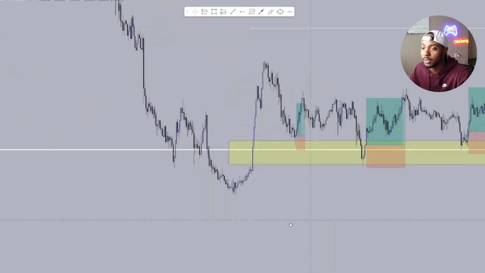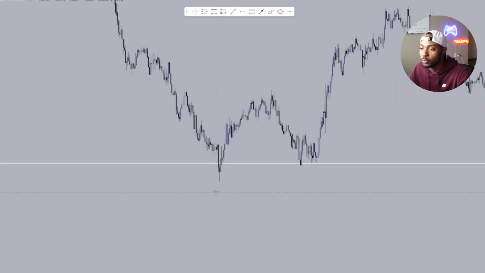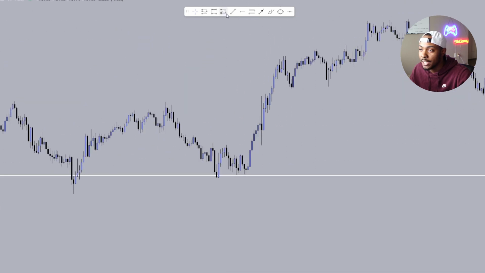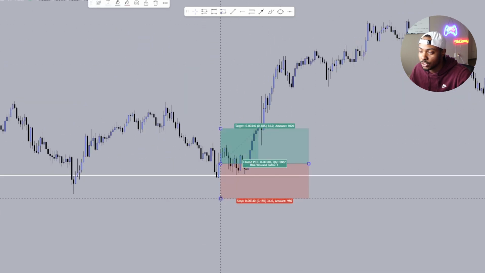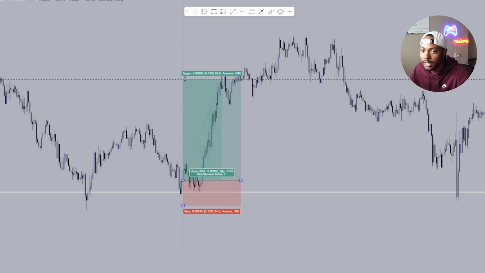And sometimes price retests the zone multiple times. Look, price came down here and then came back up for the retest. You got in and then you ate, bro. You ate so well. You could have put your stop loss below here, or right below the zone, and then you could have targeted these highs, or the next set of highs.